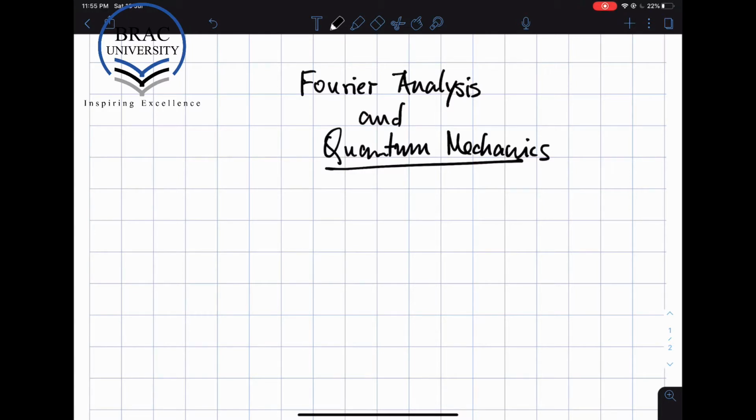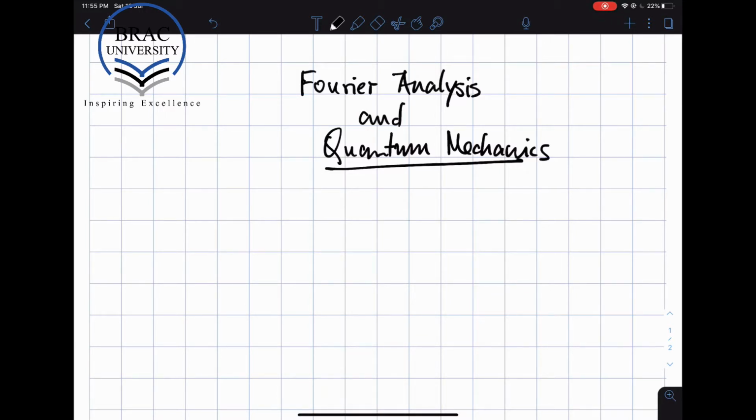However, before we start with Fourier analysis, it's useful for us to motivate why we need Fourier analysis. Quantum mechanics deals with wave phenomena related to the matter waves that were proposed by de Broglie. The mathematics of wave phenomena is best described using Fourier analysis.